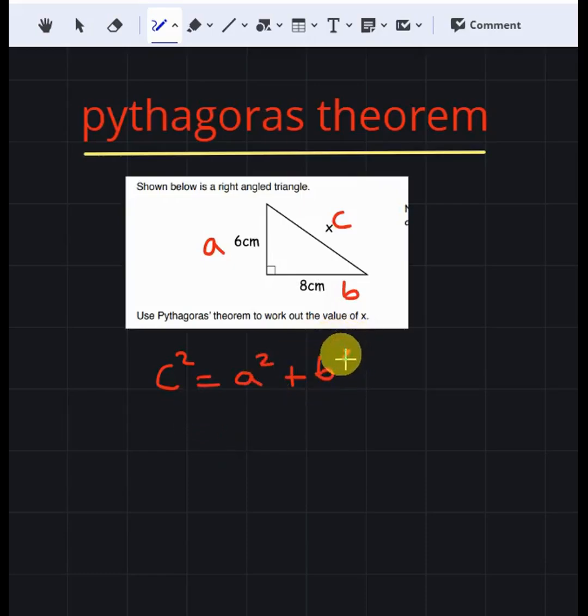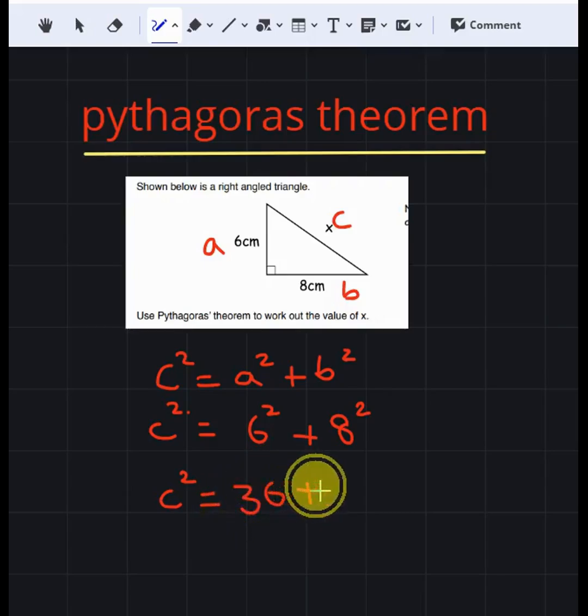Now I substitute the values: A squared, so 6 squared, plus B squared, which is 8 squared. C squared as it is. So C squared is equal to 6 squared, which is 36, 6 times 6, plus 8 squared, which is 8 times 8, which is 64. Then I am adding it.